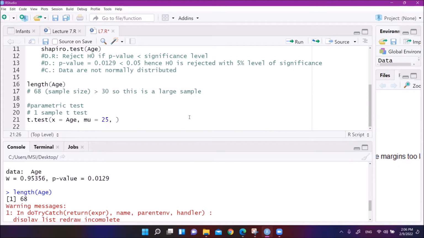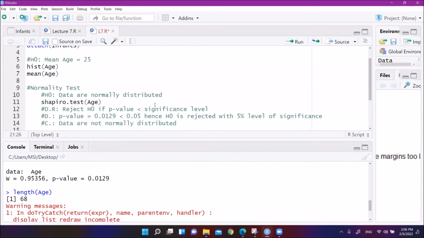We have to tell R whether this is a two-sided test or a one-sided test. What does it mean? Two-sided means something is equal to something versus something is not equal to something. One-sided means you put a greater than or equal mark in H0 and a less than mark in H1, or you put a less than or equal mark in H0 and a greater than mark in H1. You are checking whether it's less or greater.